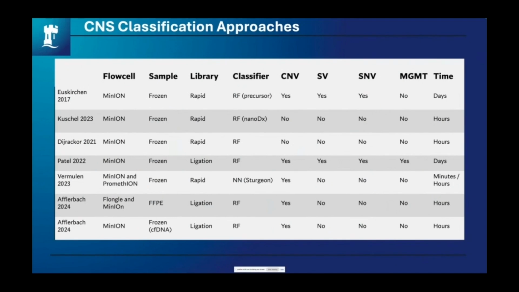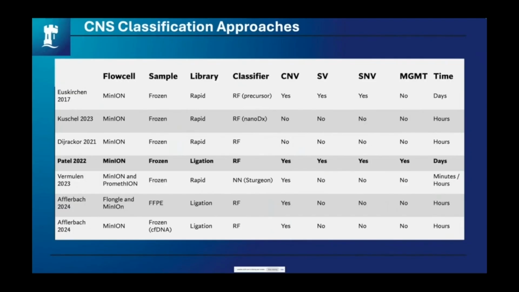Amongst these approaches, it was only the one from Ariba and ourselves that actually looked at all of these different aspects. So they gave a classification, they looked at copy number variation, they looked at structural variants, single nucleotide variants, and MGMT promoter methylation in a single assay. The challenge was that it was still taking days to get a result.